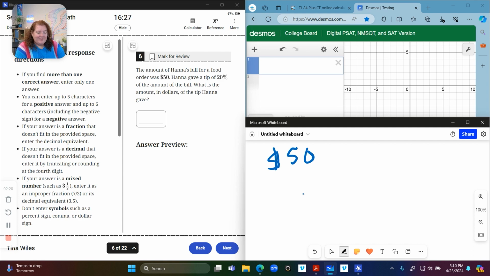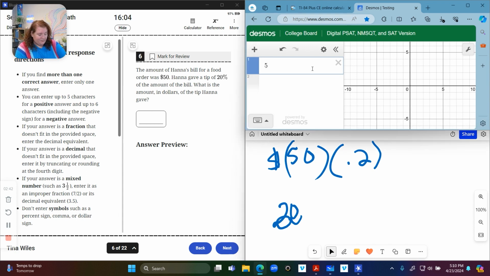So I'm going to take this $50 and multiply it by 20%. When you have percents, I need to move the decimal place over 2. So I would multiply by 0.2. You could also think about it as 20 over 100 if that's an easier way to think about it. So you're going to do 50 times 0.2, and 10 is the answer.